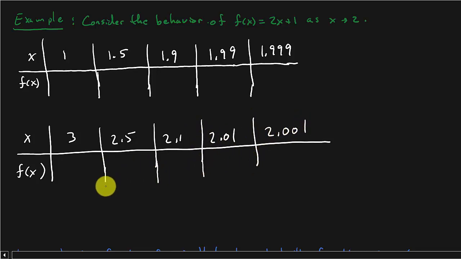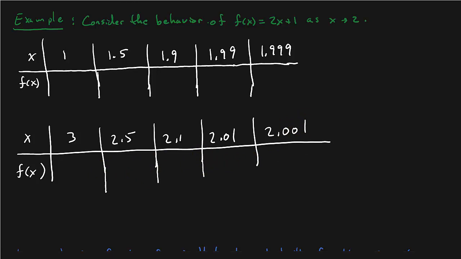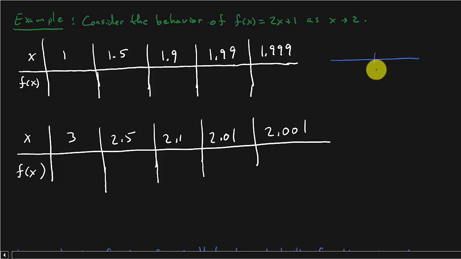So what did I do here? Well, look at this. If you use a number line, and let's say we've got the number 2 here. What I did is I started over here at 1, and I just came in closer and closer to 2 from the left-hand side. See, 1, 1.5, 1.9, 1.99, and so on.